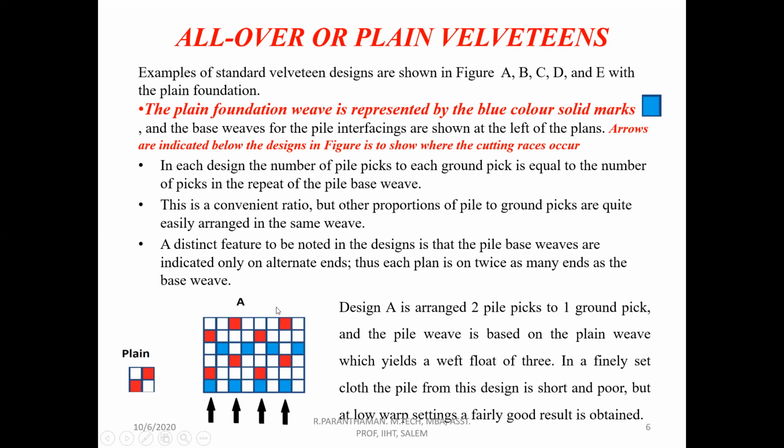First, see design A. In design A, arrange two pile picks to one ground pick. See here, the blue solid mark indicates the plain view, that is the ground view, and the red solid mark indicates the plain view for pile picks, which can be arranged in alternate ends only.